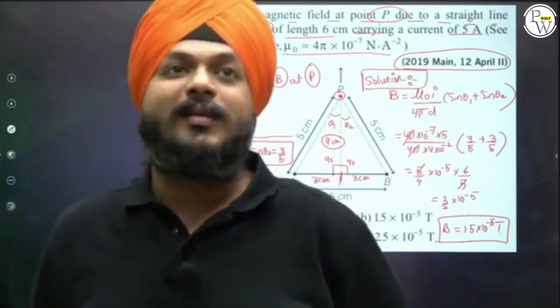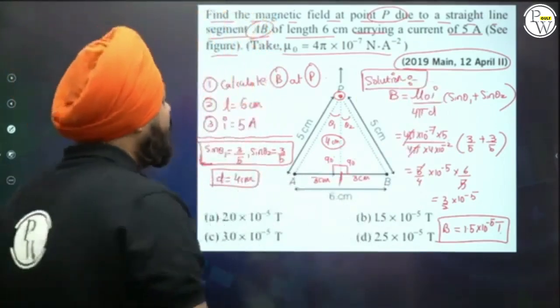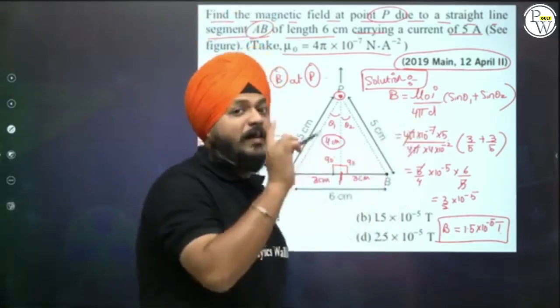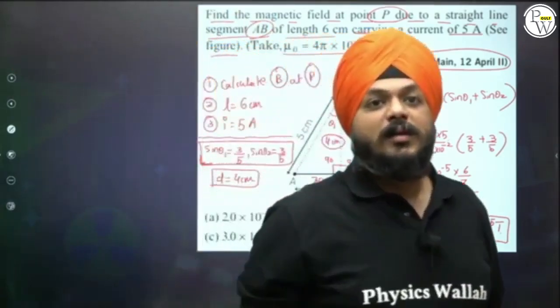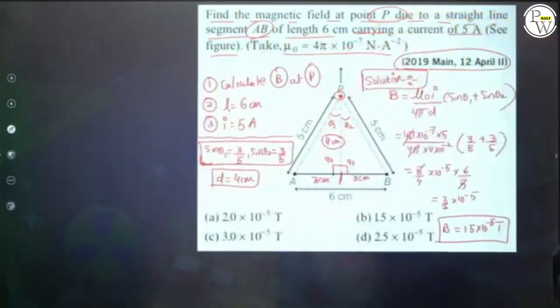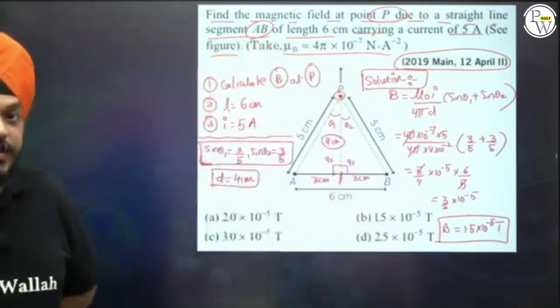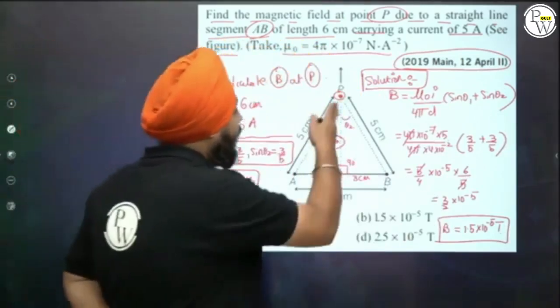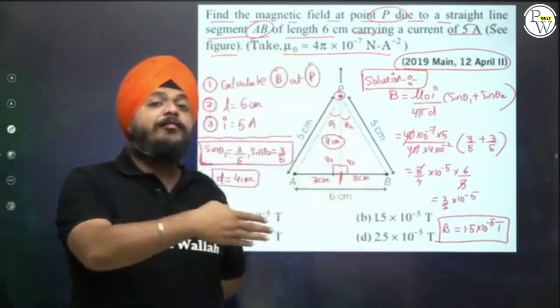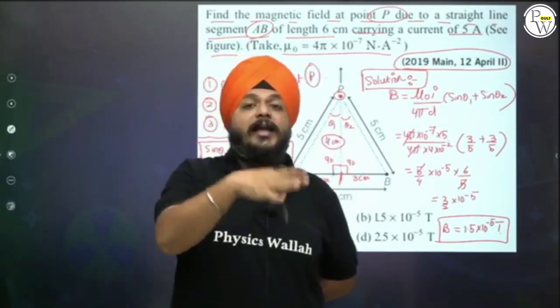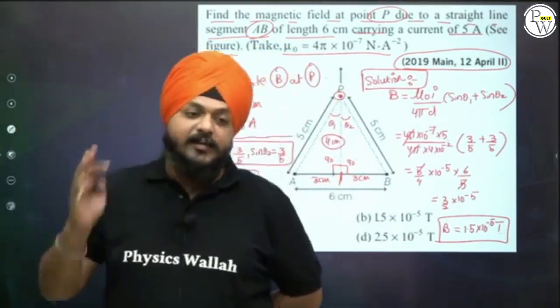Yes or no? So this equation reminds us about the first application of the Biot-Savart's law, one of the most important applications. On the basis of this, the magnetic field because of an infinite length current carrying conductor has been defined.